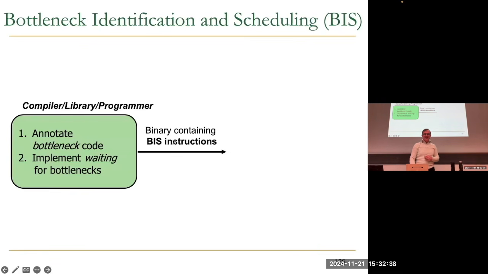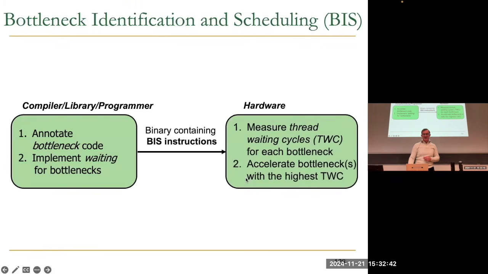And then there will be a binary containing these BIS, bottleneck identification and scheduling, instructions. In hardware, when that binary gets executed with the annotated code and waiting implementation, the hardware will measure the thread waiting cycles for each bottleneck and dynamically figure out which bottleneck caused the highest thread waiting cycles and accelerate that. Okay, so it's a nice framework.